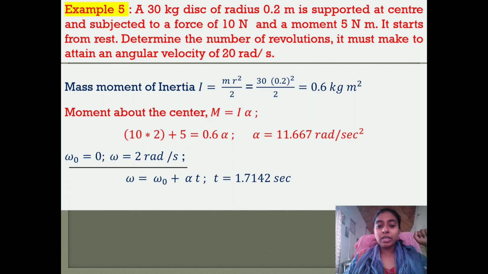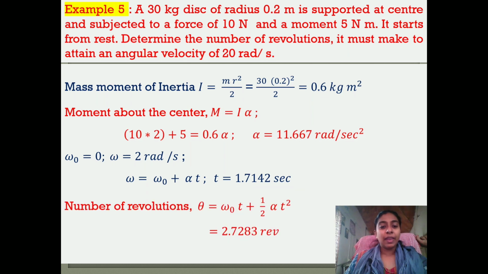So omega naught is taken as 0. For the given angular velocity and angular acceleration, the time required is 1.7142 seconds.